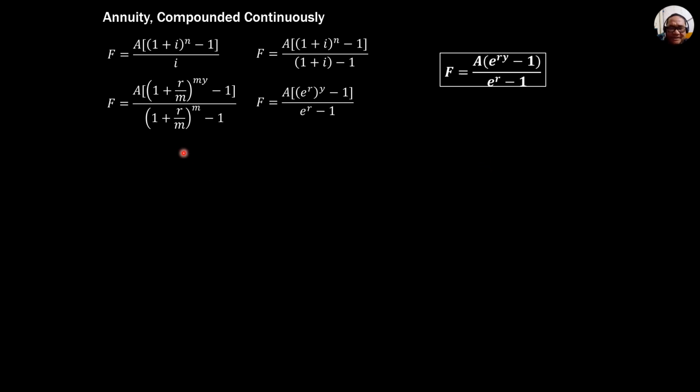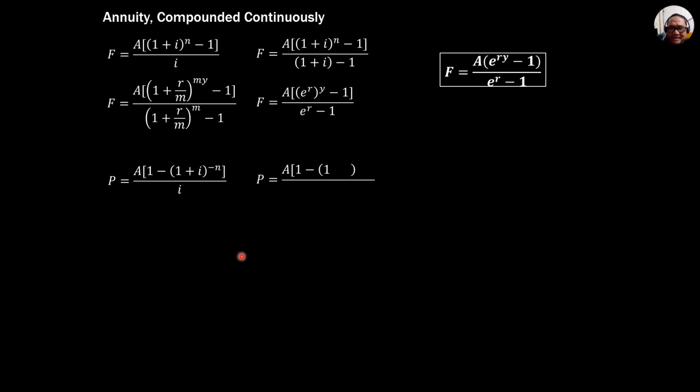Then for the present worth, we also use the formula A times 1 minus (1 plus i) to the negative n over i. So again, we replace this by our result here, e to the r minus 1, and this one is replaced by e to the negative ry.